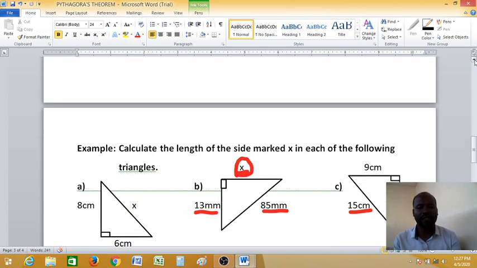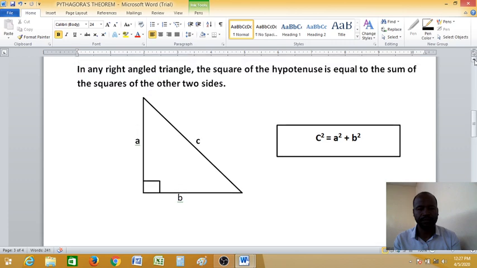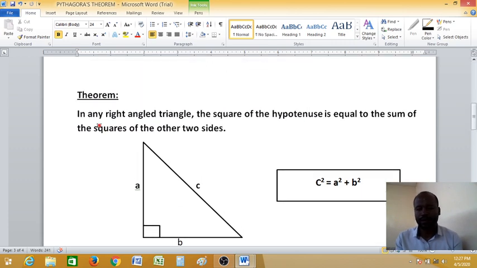Now let's go back and summarize the theorem. The theorem says, to identify whether a triangle is a right-angled triangle, there should be an angle whose degree measure is a right angle, or 90 degree. So if there is an angle whose degree measure is 90 degree in a triangle, that triangle is a right-angled triangle.